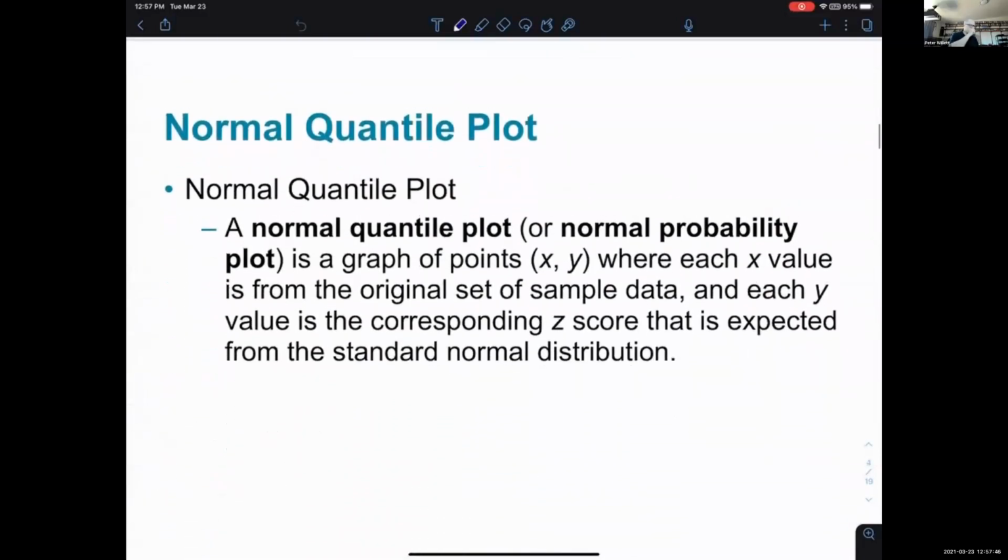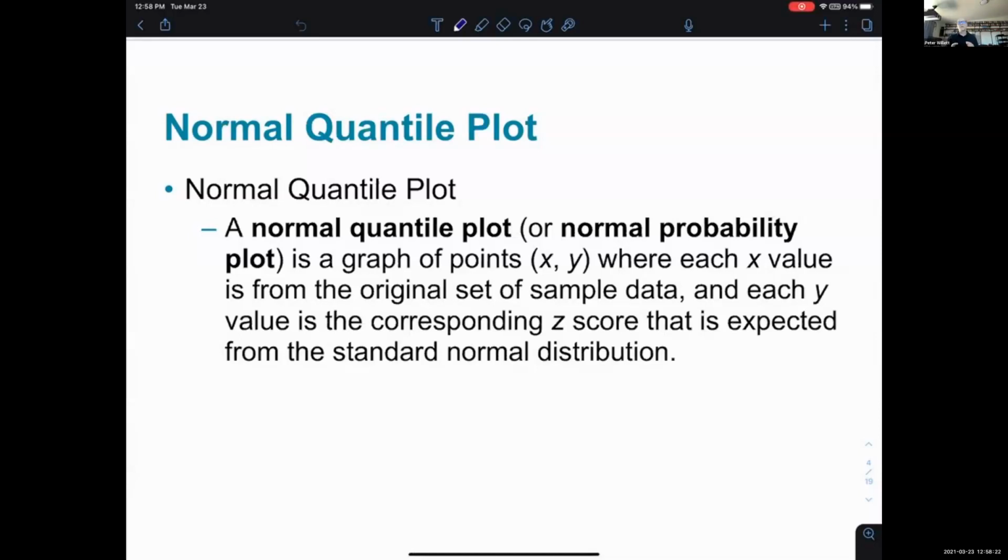The first one is a normal quantile plot. They define it very carefully and give you formulas for how you might create one of these graphs by hand, but I'm going to skip through that because we're going to rely on StatCrunch to make normal quantile plots for us. We want to work much more on looking at a normal quantile plot and interpreting what we see. The slides give us several examples to help develop that intuition.